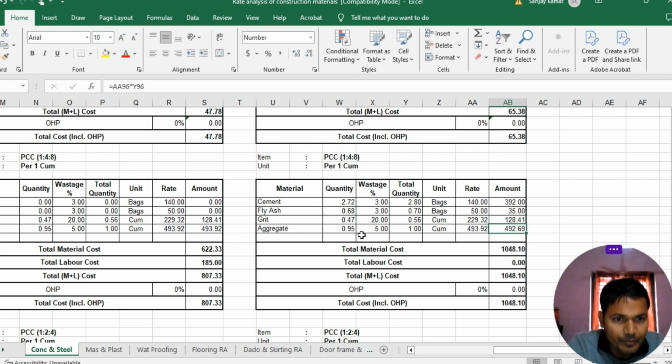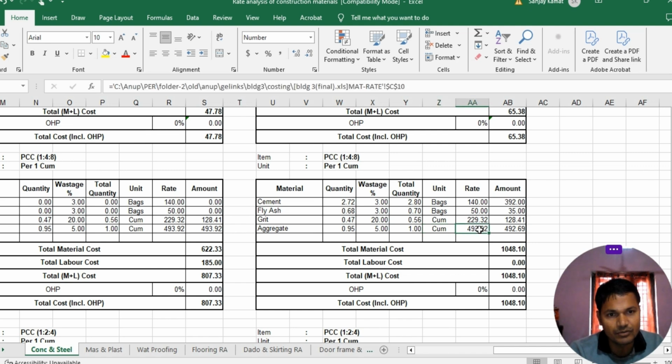Okay, now aggregate. For aggregate we have 0.95 volume, this time we are doing wastage of only 5%, and the total quantity we are taking is approximately one. The aggregate unit is always cubic, and the rate of aggregate is 493.92.